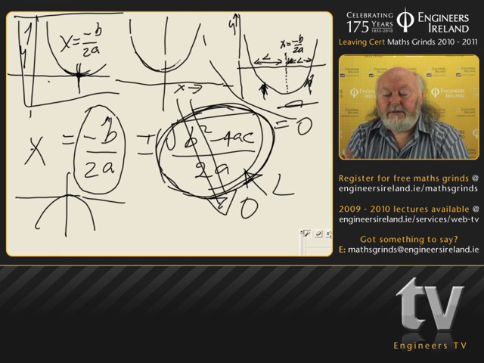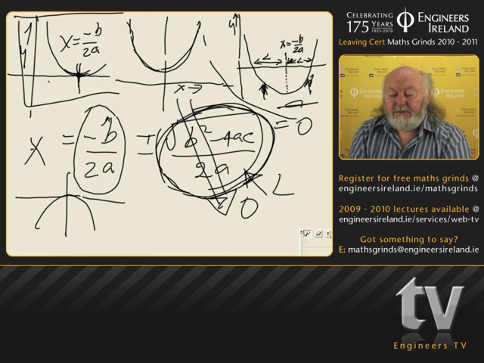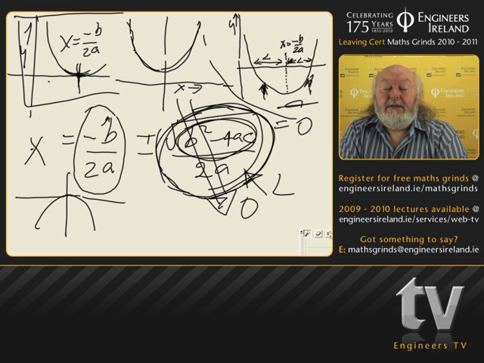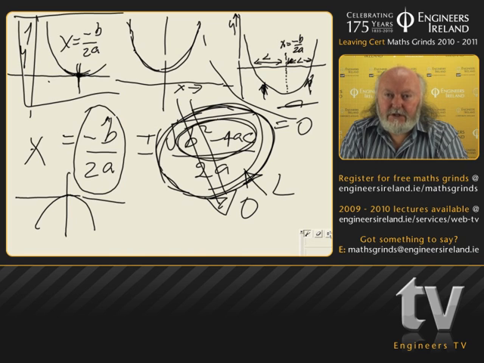The roots to this guy are complex. All it means is the bit in here has gone negative, and we will cover complex roots two classes from now. They're the natural step on from this, and when you realize that you're just playing algebra, okay, the exact same as you're doing in algebra, you find that you can run through the first half of complex numbers in almost no time.